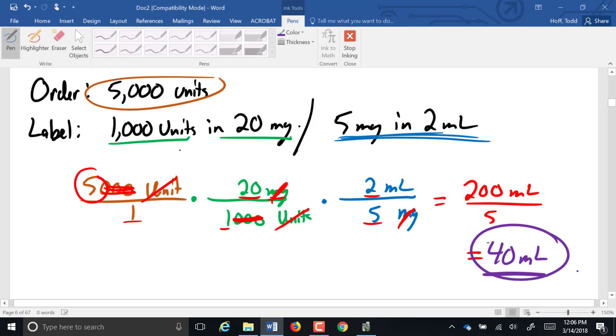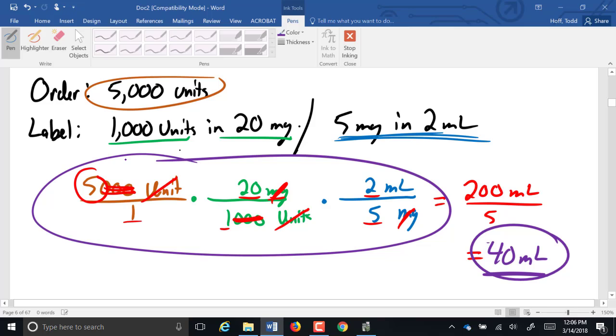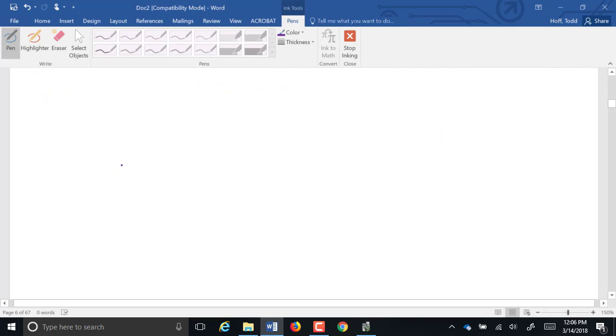So again, we end up with the same solution we had before, but you note here, it could all be done with the dimensional analysis in one process. I didn't have to find an answer, and then work it through the process again to get to my final solution. Where the dimensional analysis becomes extremely helpful is when we start talking about intravenous flow rates.